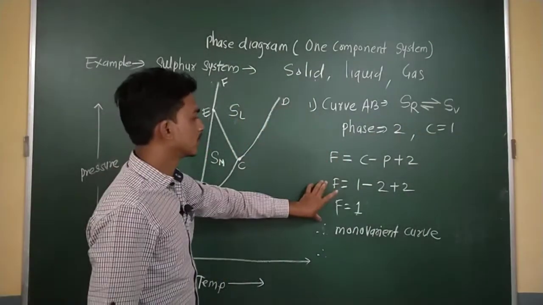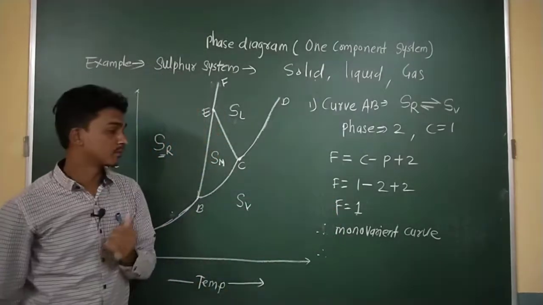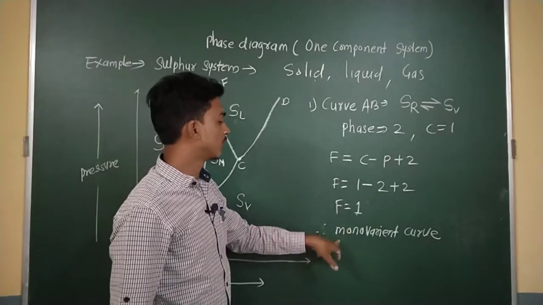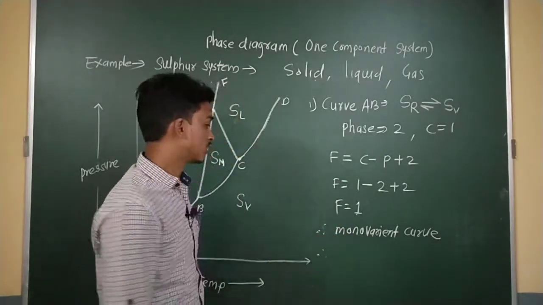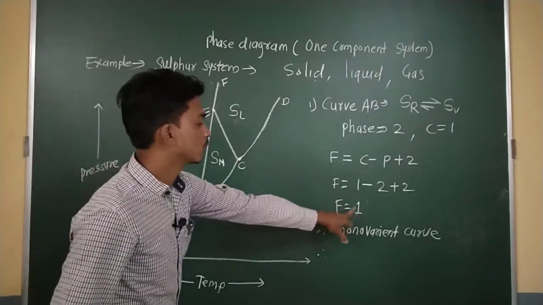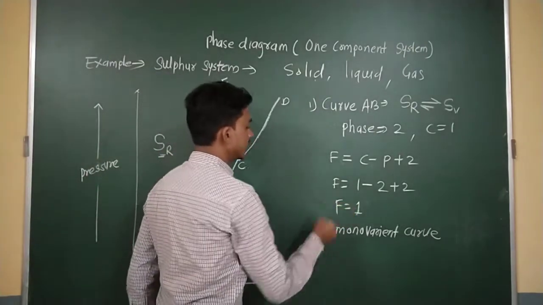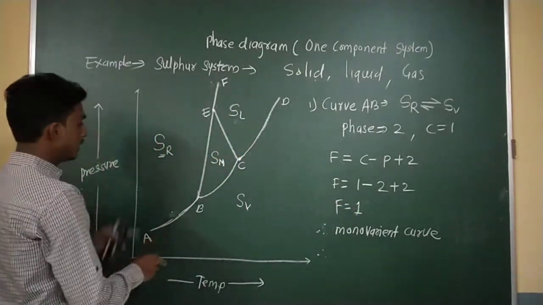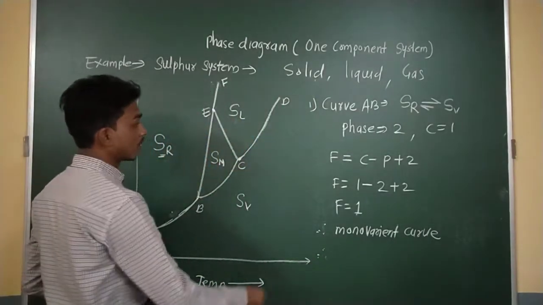Using the phase rule we calculate the degree of freedom, and since F is equal to 1, this is a monovariant system.